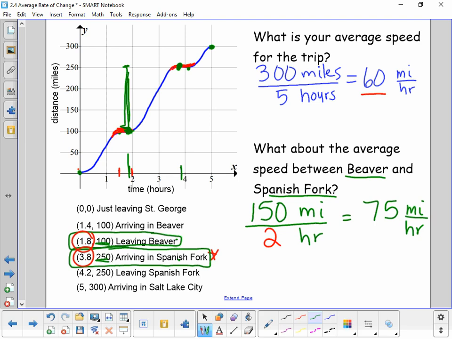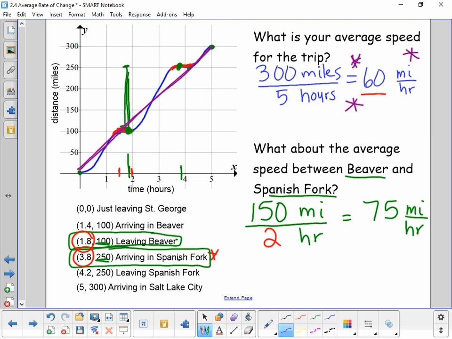And this idea of finding an average, this is what we're talking about today when we talk about average rate of change. This first average speed we found, 60 miles per hour, is essentially what our graph would look like if we averaged out those hills and valleys, if we made it a straight line instead of this curvy line.